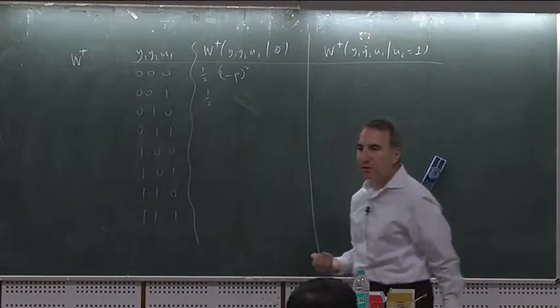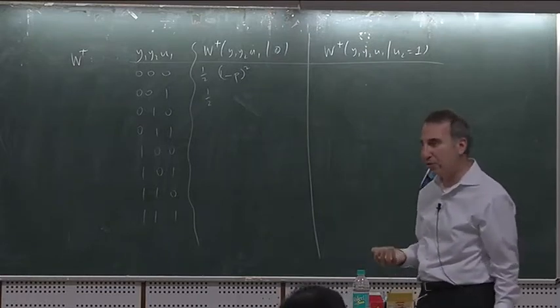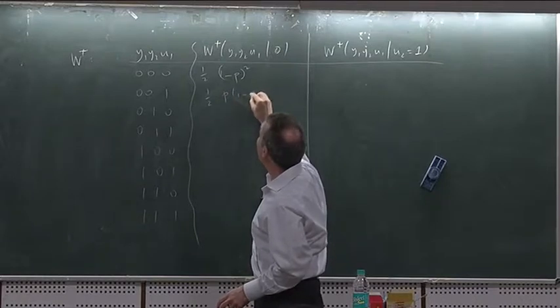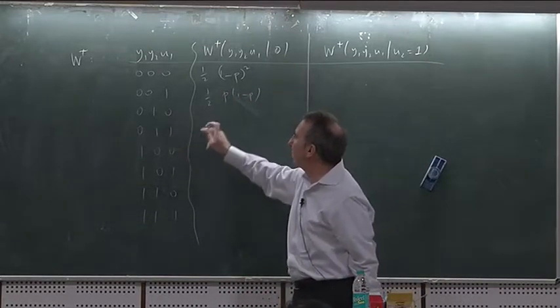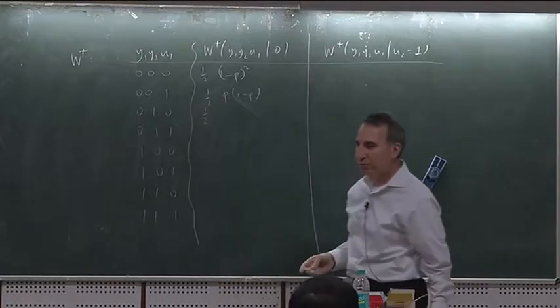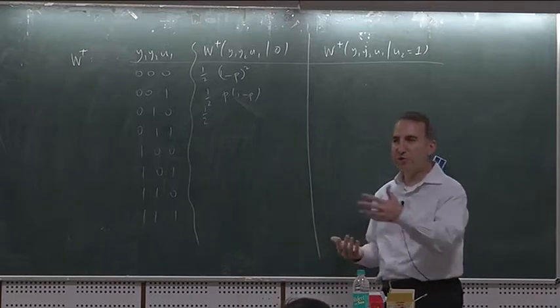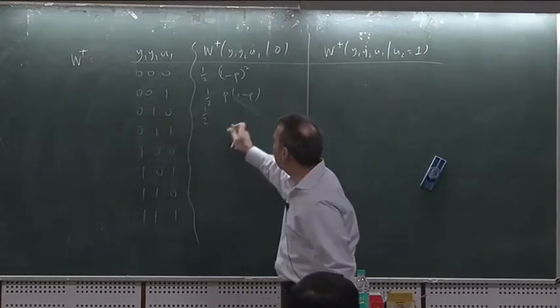Now u1 is 1, so the channel is being fed 1 and 0. So we get 0,0 with probability p times 1 minus p. Here u1 is 0 again with probability half. We are sending the channel 0 and 0. If we send 0 and 0, what's the chance of getting 0 and 1? It's the same as this.